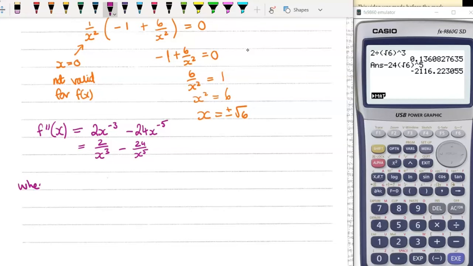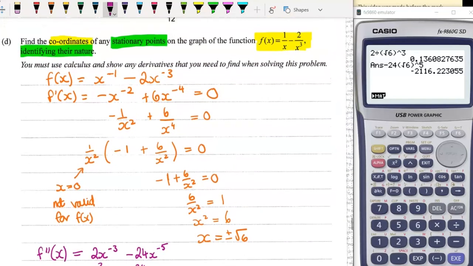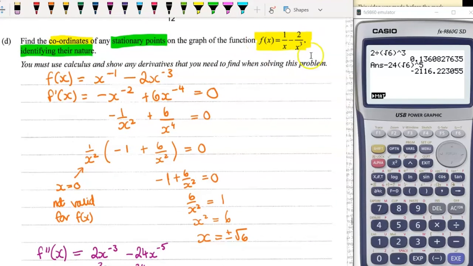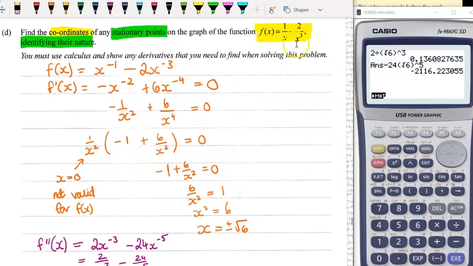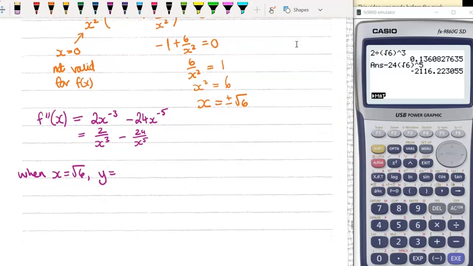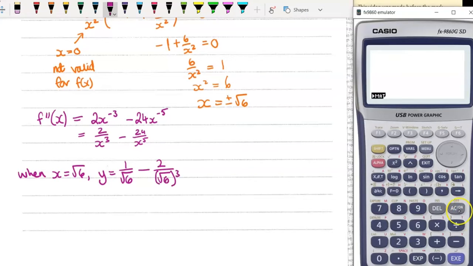When x equals root 6, y equals, we have our equation up here for f of x, so 1 over x minus 2 over x cubed. So 1 over root 6 minus 2 over root 6 cubed.